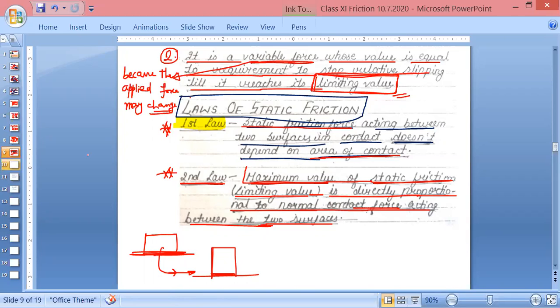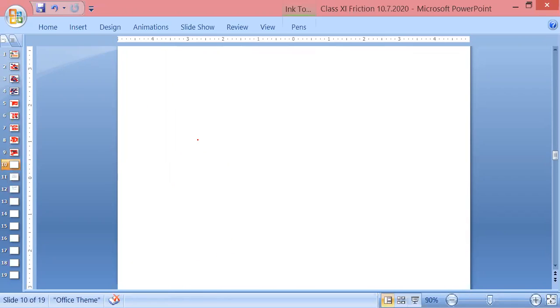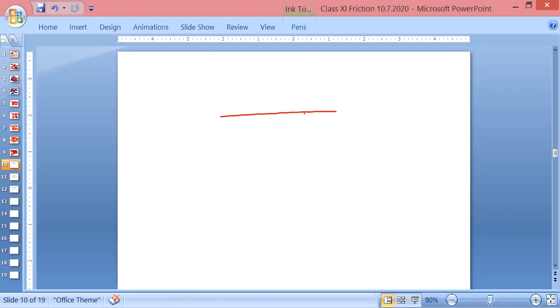We will try to write these two laws with the help of the block. Suppose again I take the same rough surface, and a block is placed here on the rough surface.